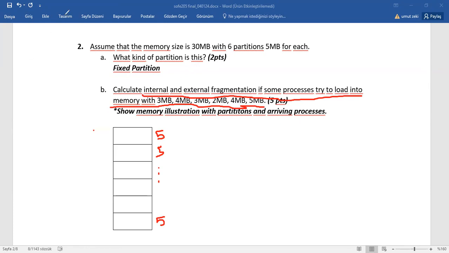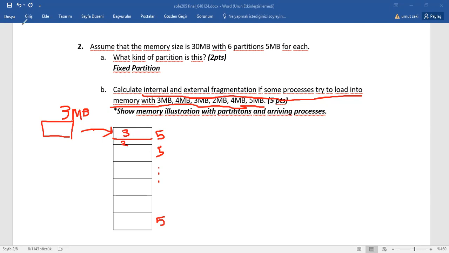Okay. If a 3 megabyte process is coming, our partition size is 5. So it will use 3 megabytes of that partition and 2 megabytes here will be unused.